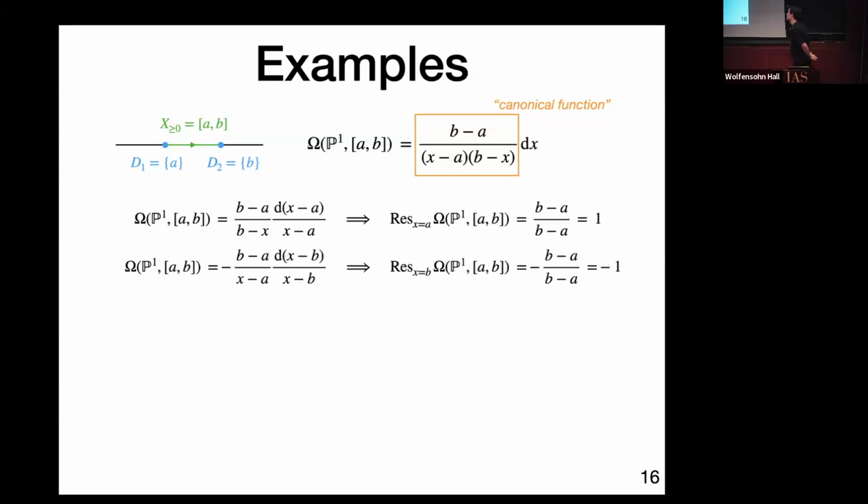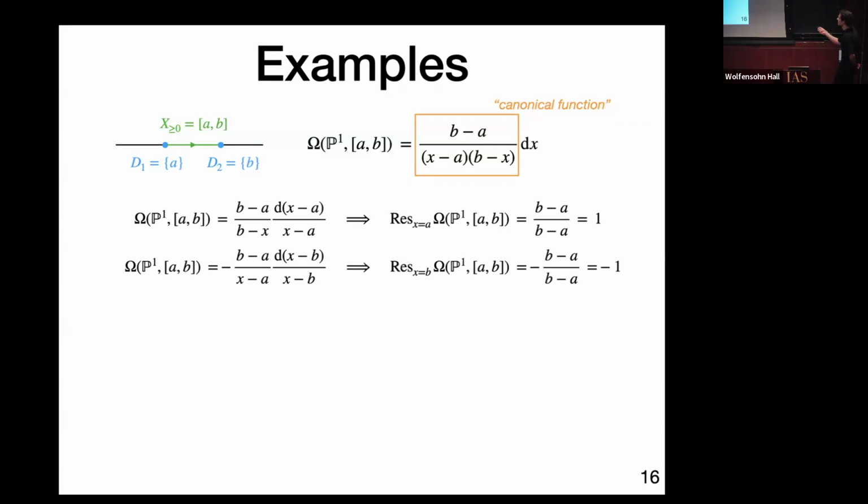So let's check that this is true. For this, I need to take residues along the boundaries. If I want to calculate the residue along x equals a, you write this form as dx over (x minus a) times something else, and then you evaluate that something else at x equals a.